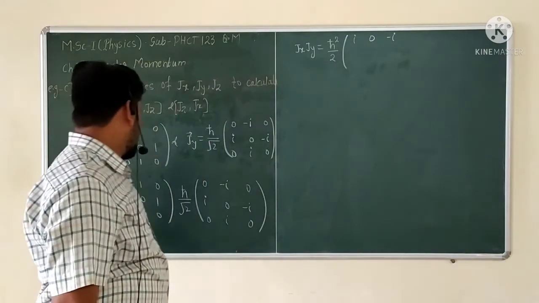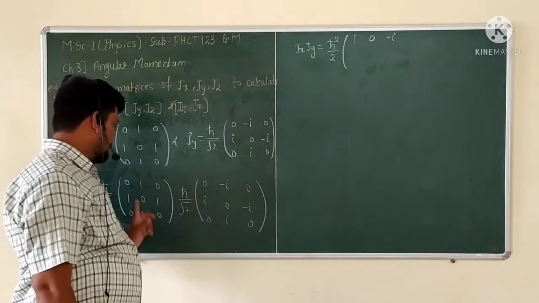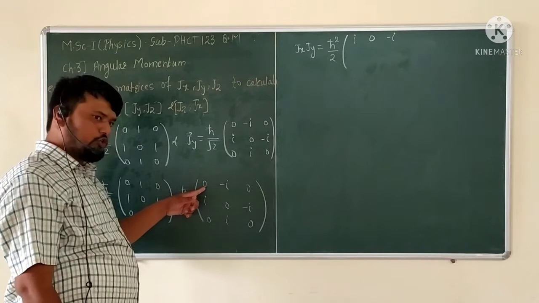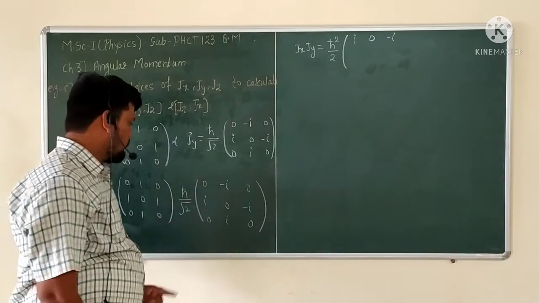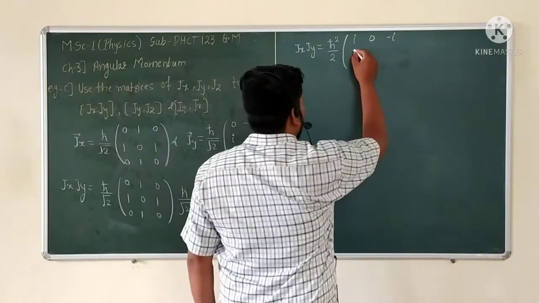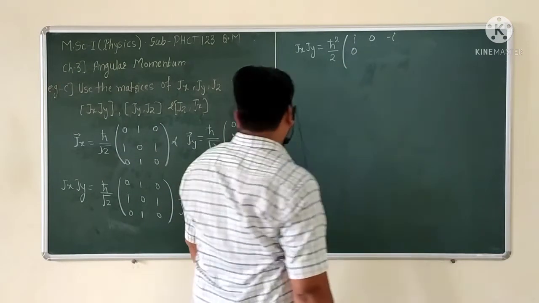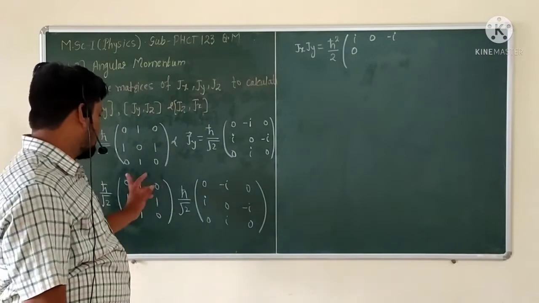Again, second row and first column: 1 multiplied by 0 is 0, plus 0 multiplied by I is 0, and this is also 0, so this element is 0.